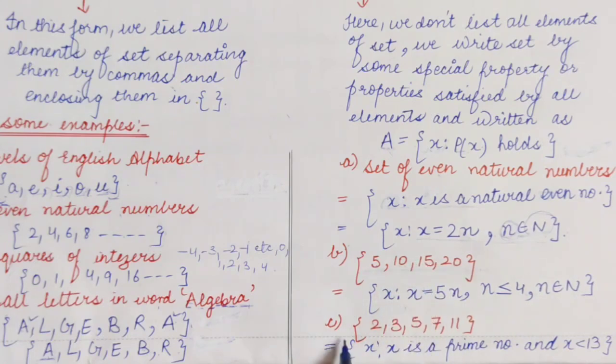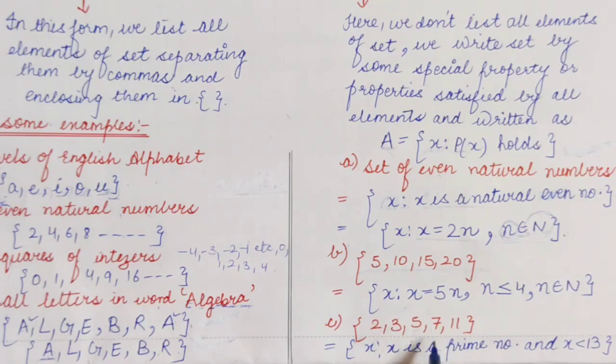Our third example is in the roster form again: 2, 3, 5, 7, 11. So what I have to do here, first of all, is observe which property they are satisfying. I am observing here that all these are prime numbers. Fine.